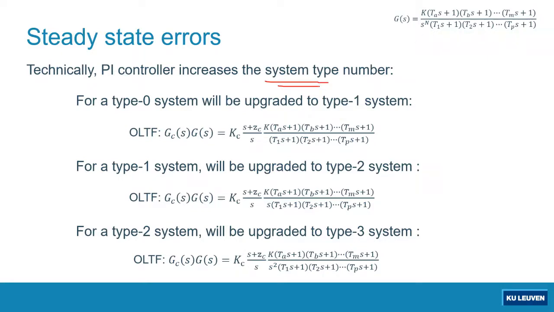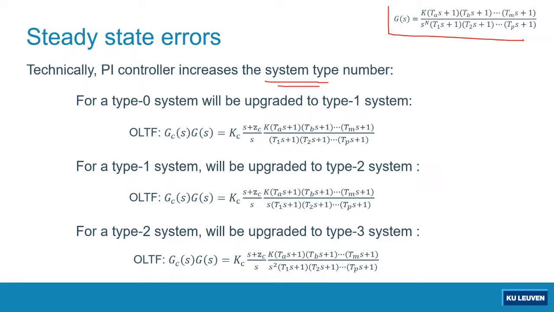No? Now in this slide, let's consider a unity feedback system then, with an open loop transfer function where the equation can be seen in the upper right corner of this slide.